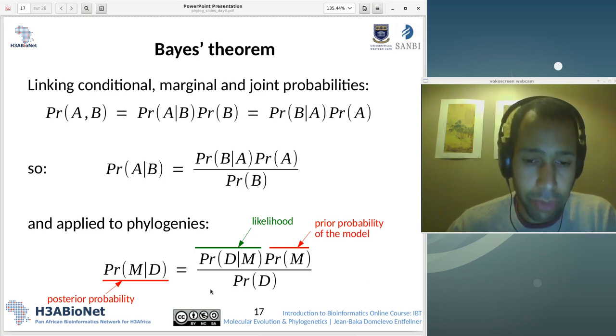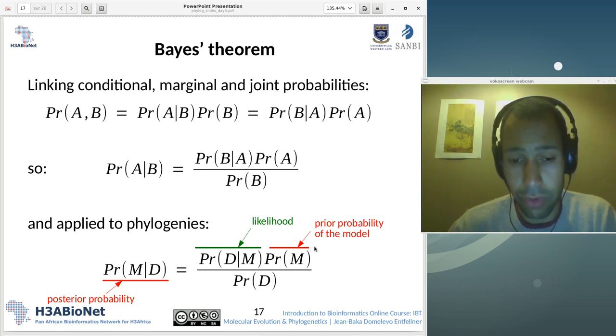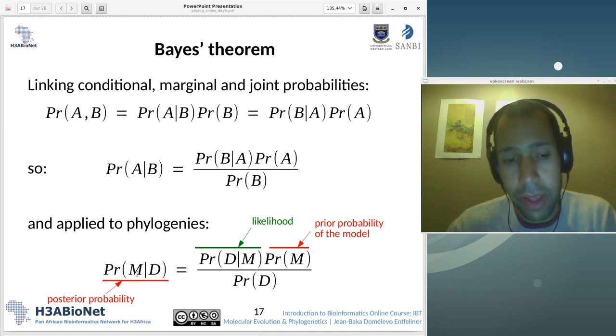And in red, we have new terms that are introduced by the Bayesian viewpoint. We have probability of M knowing D, or conditional on D. This is what is called the posterior probability of the model. Posterior probability. So that's the probability of M a posteriori, meaning after having seen the observations, right?